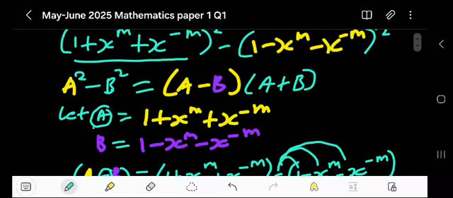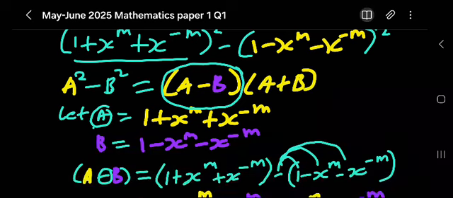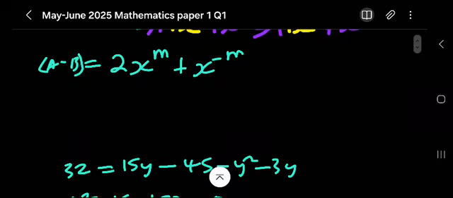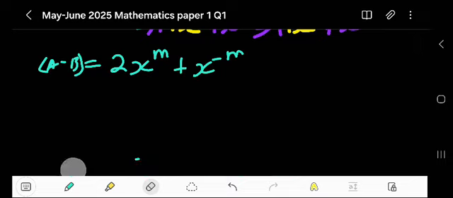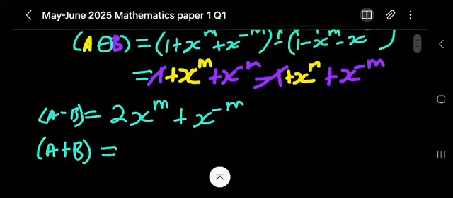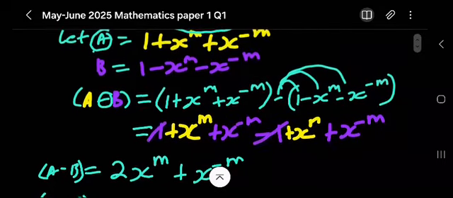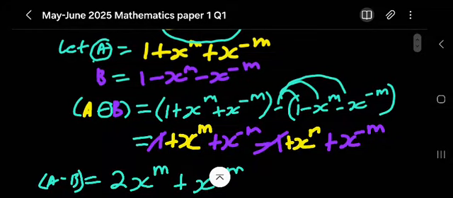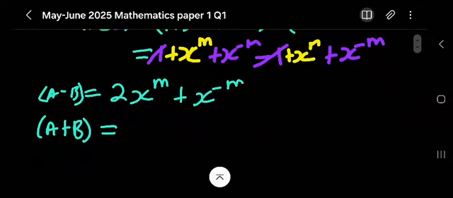Now we are done with this part, guys, but there's a difference of two squares. We must also deal with the other part that has a positive. So the other part here will have a plus b, you see. Then you know that we set a to be equal to that, a is 1 plus x to the m, as you can see.